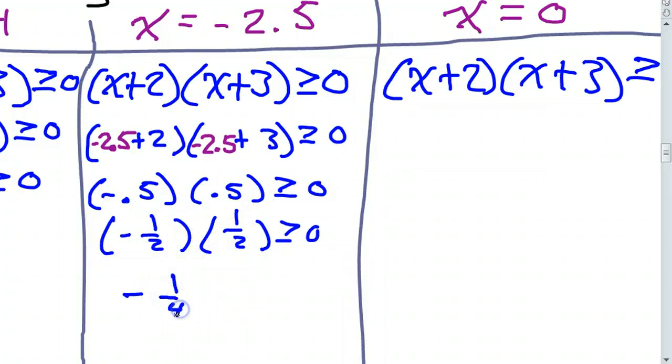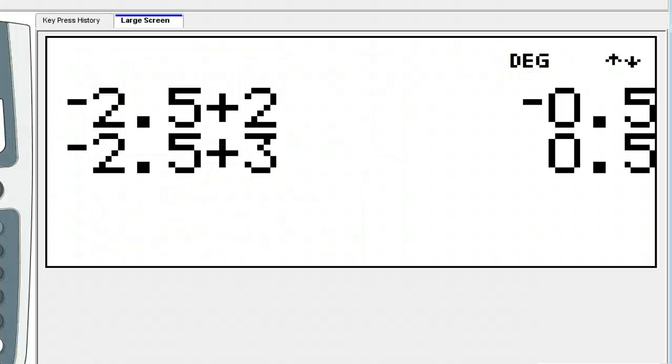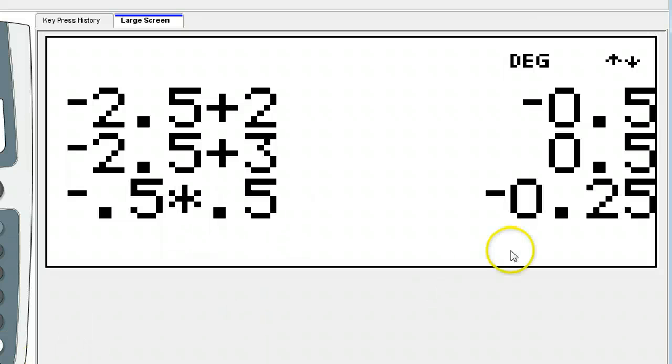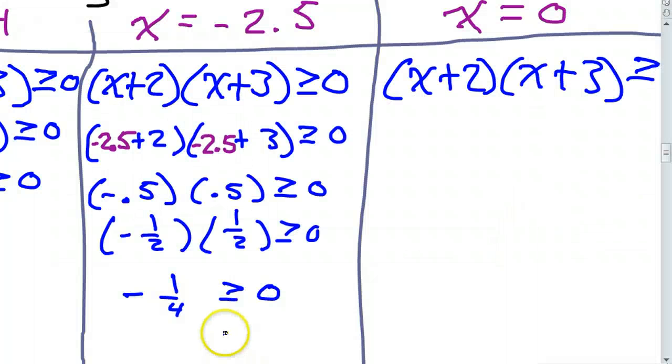But 1/2 times 1/2 is 1/4, so in my mind I'm thinking negative 1/4. You might put this in your calculator: negative 0.5 times 0.5 is negative 0.25. That's the same thing.